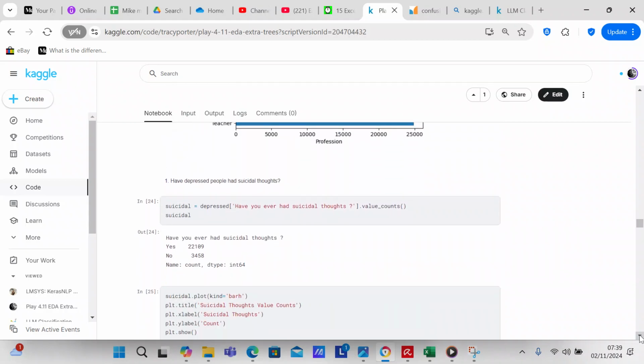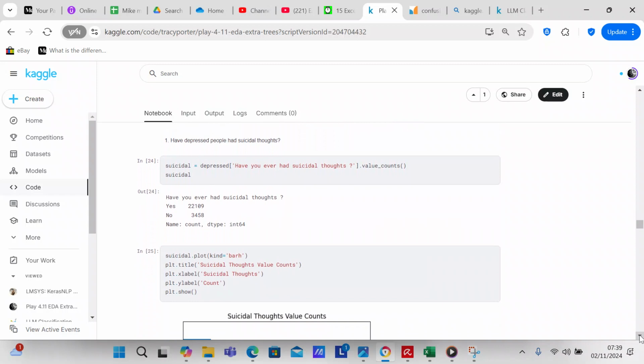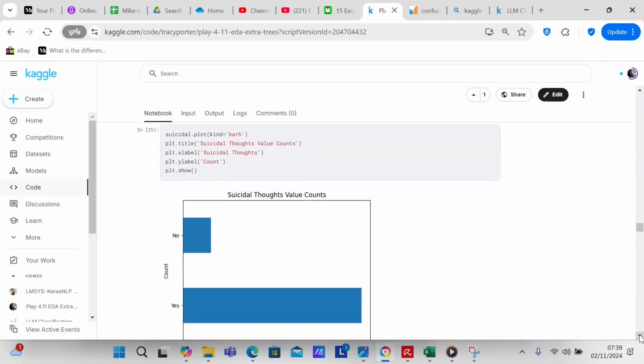So the next question is, have depressed people had suicidal thoughts? So you have a really big imbalance. You have lots of people who are depressed who have suicidal thoughts, and not very many people who are not depressed have suicidal thoughts.